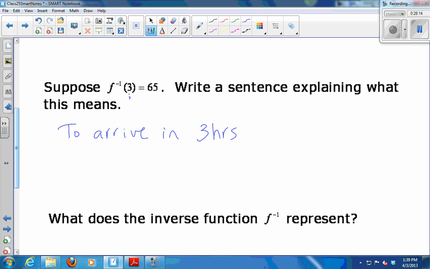No, I don't have any equations right now. We're just, yeah, there may be an equation, and when you plug 3 into it, you get 65. Or it might just be a table of values. So to arrive in 3 hours, drive 65 miles per hour.